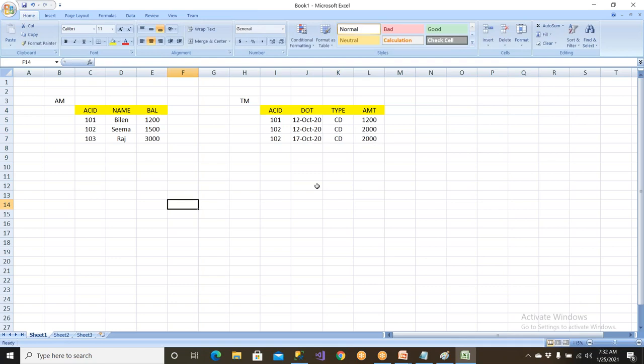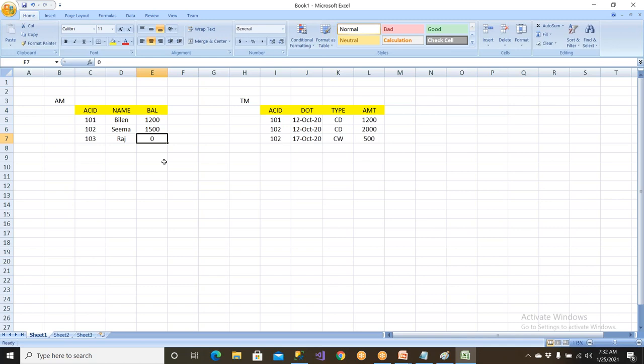On the 17th, she withdrew, let us say, $500. Clear? And let me say this guy has zero, did not do any transaction, so the amount is zero.